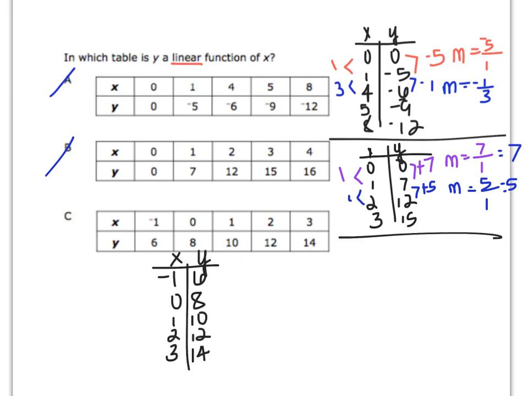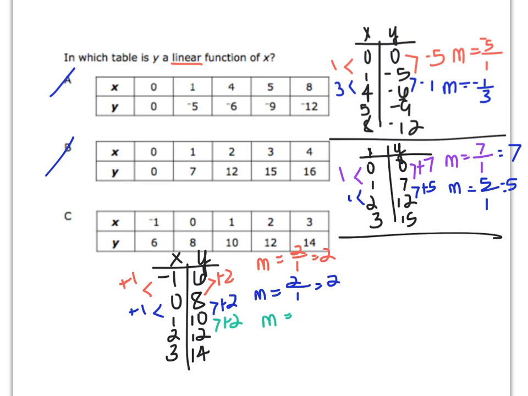So obviously that would have to mean C is our correct answer, but let's just double check and see why. So the slope for the first 2 points, plus 2. -1 to 0 is an increase of 1, so that's 2 over 1, which equals 2. 8 to 10, increase of 2. 0 to 1, increase of 1, 2 over 1 is 2. 10 to 12, increase of 2 for my y. 1 to 2, increase of 1, 2 over 1 is 2.